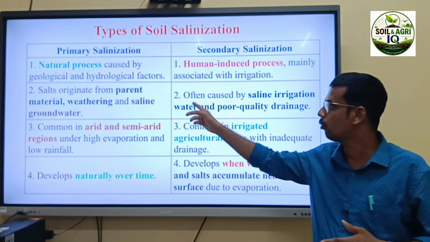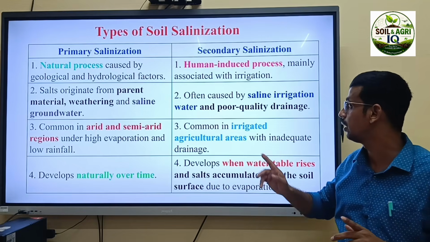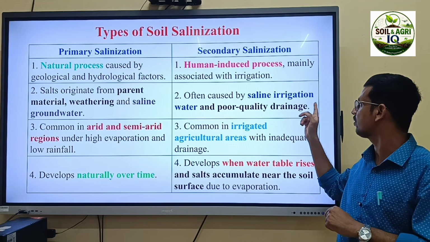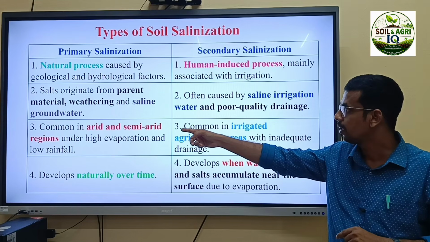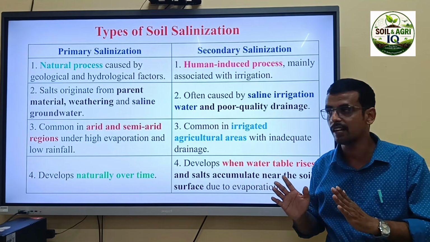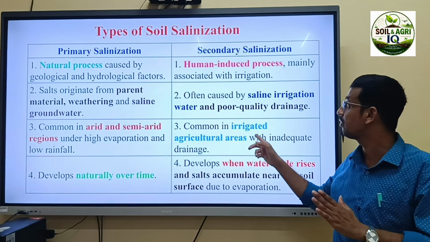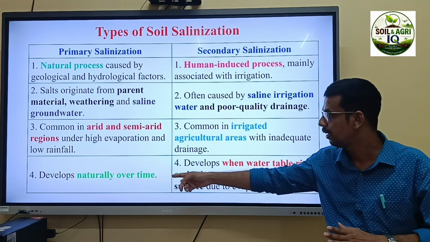In primary salinization, salt originates from parent material weathering or saline groundwater. In secondary salinization, it is often caused by saline irrigation water and poor quality drainage. Number 3, primary salinization is commonly found in arid and semi-arid climatic conditions, whereas secondary salinization is found in irrigated agricultural conditions.